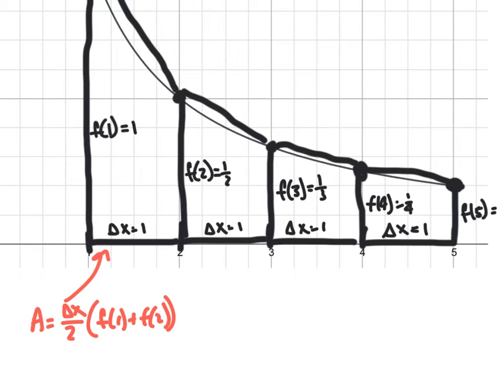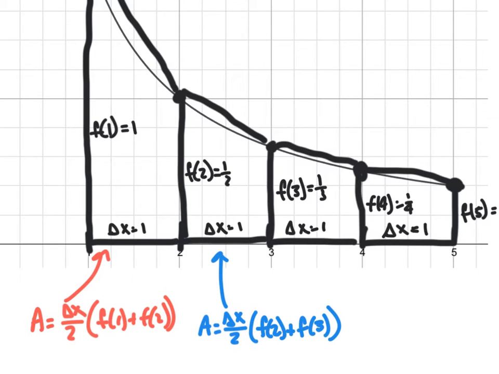That's the area of this trapezoid. The area of the next one is delta x over 2 times the sum of my function values, f of 2 and f of 3, so I get f of 2 plus f of 3.